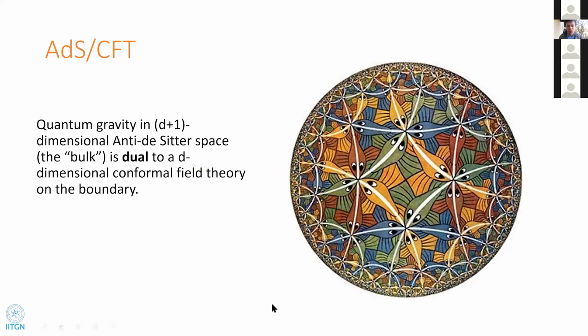Okay, so just a very boring review slide. AdS/CFT is a duality between a conformal field theory on the boundary and a load of fishes in the bulk. And these fish are all the same size. There's anti-de Sitter space in the bulk. Hopefully everyone is familiar with that.